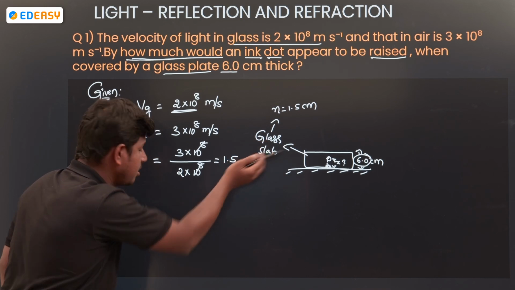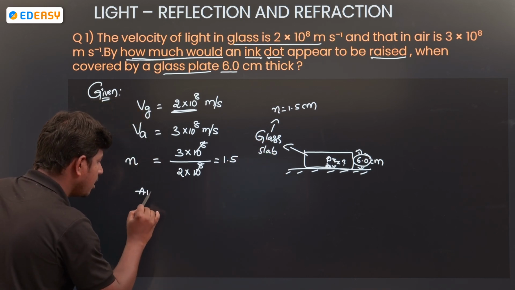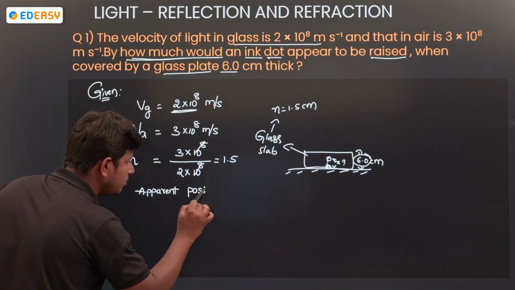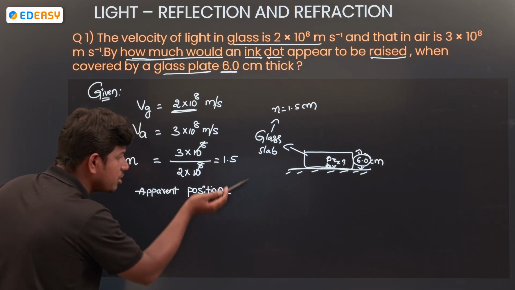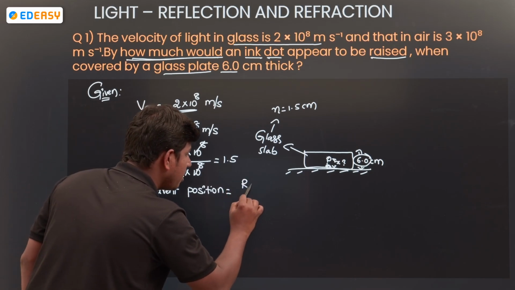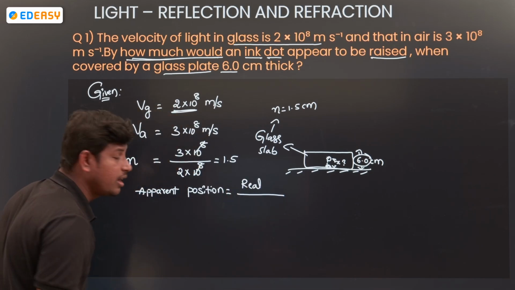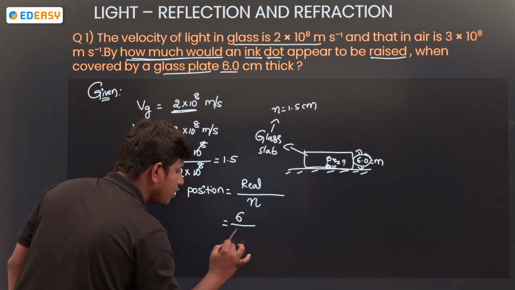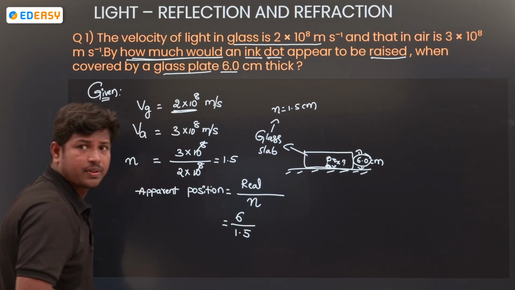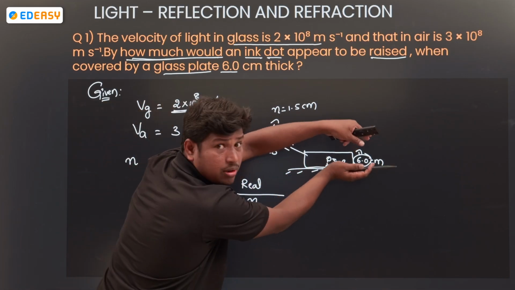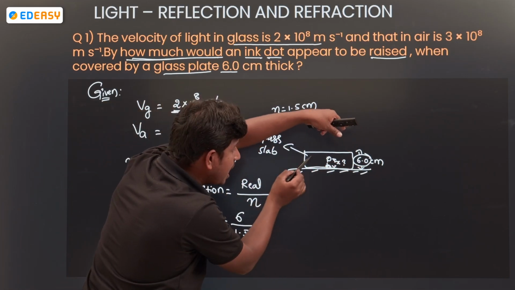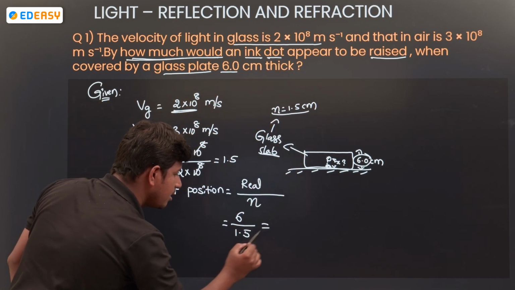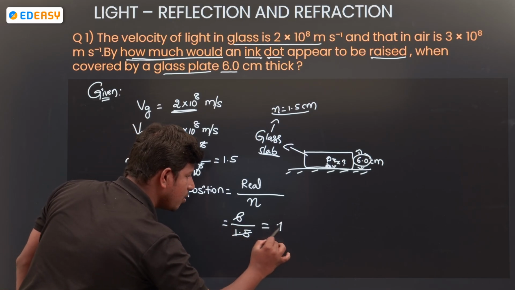See, apparent position is equal to real height by refractive index. Real height is 6 centimeter, refractive index is 1.5. So 6 by 1.5 is 4 centimeter.